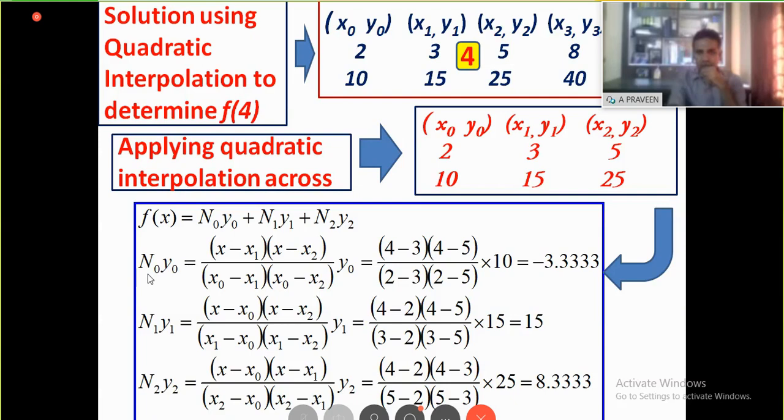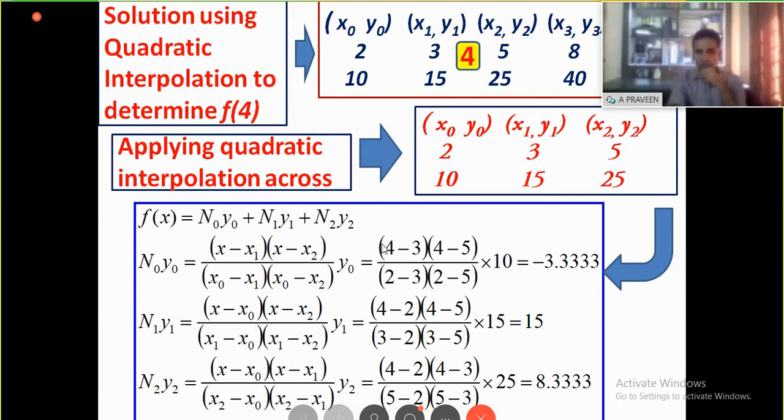So your n0 will be x minus x1 into x minus x2, divided by x0 minus x1 into x0 minus x2, multiplied by y0. How can you apply this here? Here also x is 4, because the required value of x is 4.